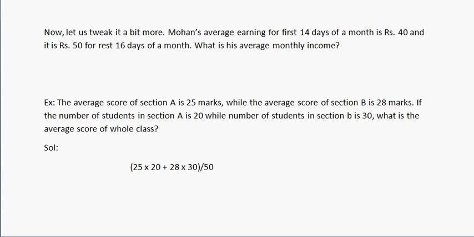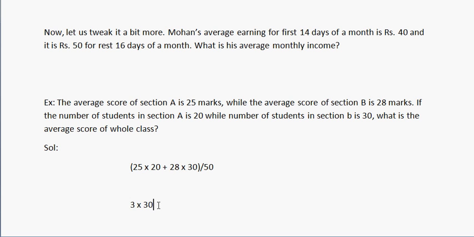Now can we simplify the calculations? Yes, we can say that the average is 25. So what section B is contributing is 28, which means 3 more than the average. So each student of section B is contributing 3 more than the average, and there are 30 such students.